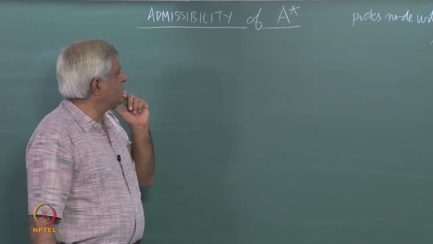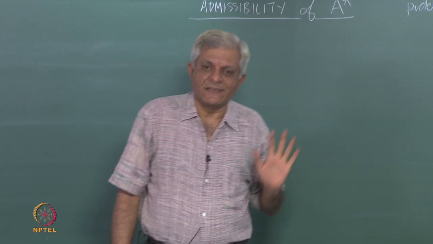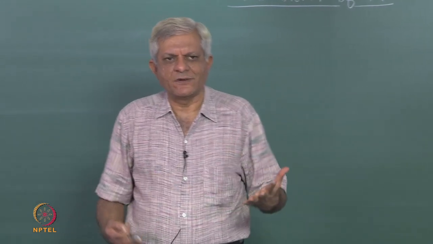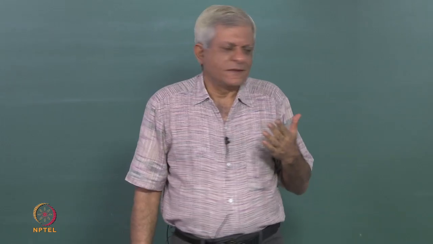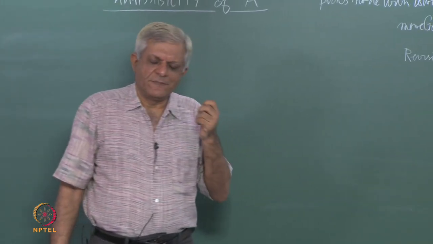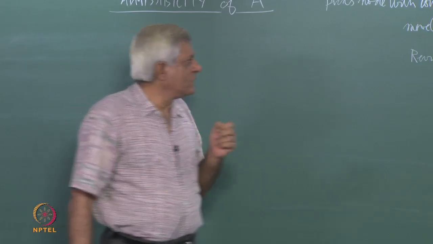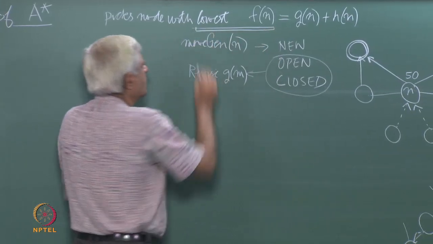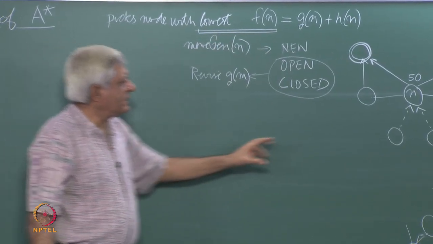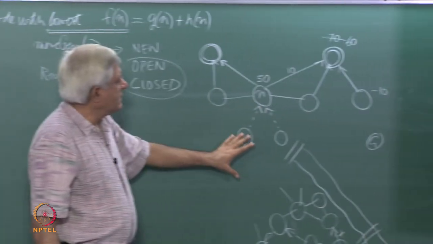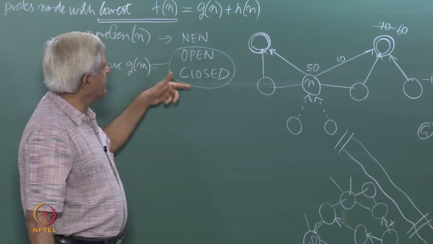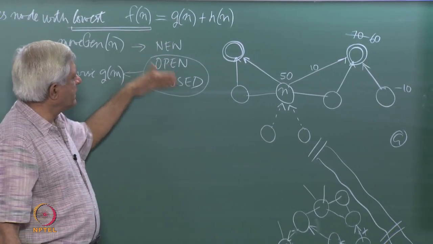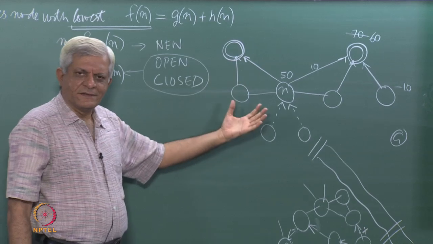Okay. So, under what conditions will this algorithm, now just think of this purely as an algorithm, and what is the algorithm? The algorithm says that pick the node with the lowest f value from open, expand it, this is what we are doing here, and treat these three different kinds of nodes, new, open and closed, separately.